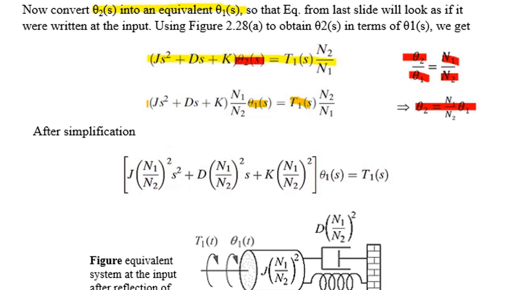And this reflects all the impedances from the output to the input of the system. If you look at the equation, all the impedances which belong to the output side are present at the input side, but they are multiplied by the squared ratio of N1 over N2, where N1 represents the number of teeth on the input gear and N2 represents the number of teeth on the output gear. The transformed system after reflection is represented in the figure.